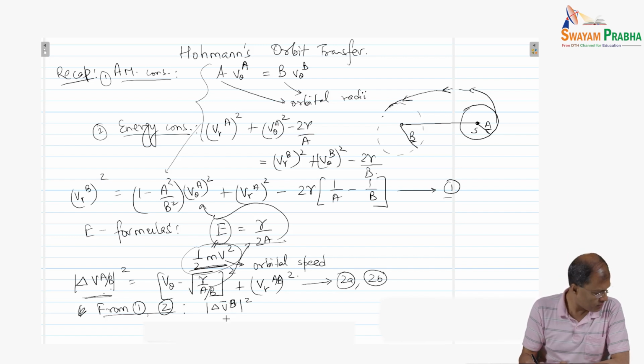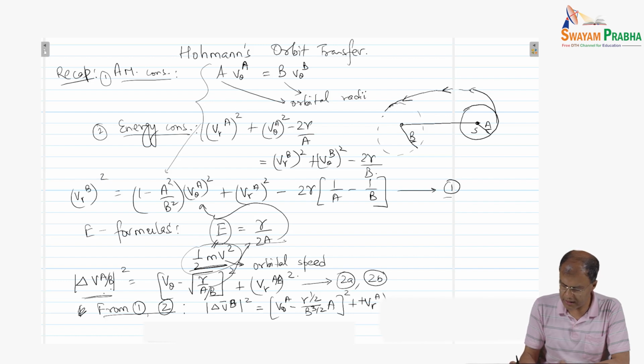So delta VB square is (V theta A minus gamma to the power half by B to the power 3 by 2 times A) square plus VRA square plus gamma times (3 by B minus 2 by A minus A square by B cube), right?